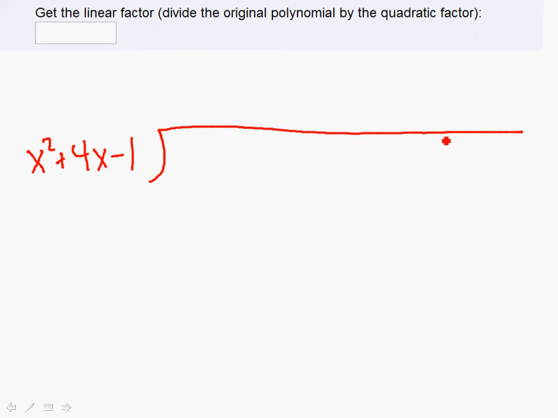My original equation was 4x cubed plus 23x squared plus 24x minus 7. So I'm going to divide this into my original polynomial.